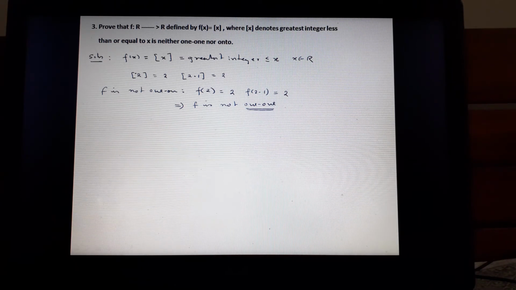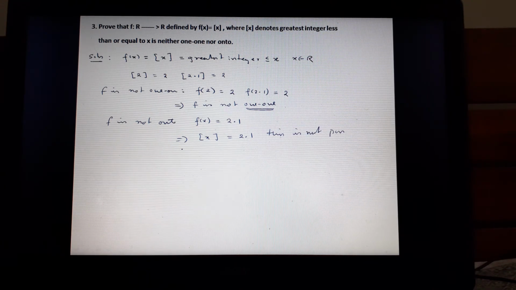No, because all the elements of this domain are going to only integers, because they take only integral values. So the second one is f is not onto, because suppose you take f of x equal to say 2.1, then this implies greatest integer x must be equal to 2.1, which is not possible because the greatest integer function cannot take non-integer values. So for example, 2.1 is not an image.